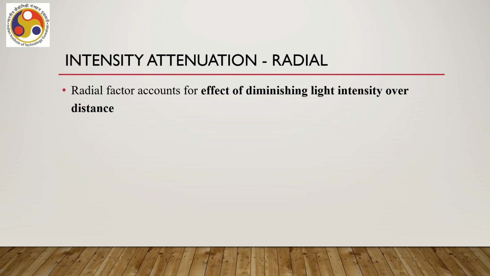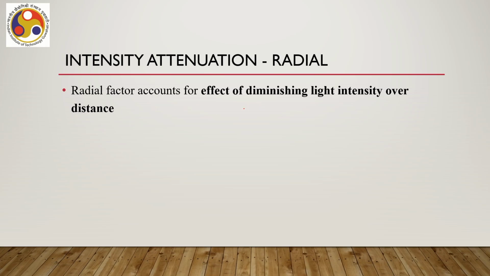Now, whatever we have discussed so far, assume that no matter where the light source is, if the intensity of the emitted light at the source is Is, then the same intensity will come to the surface point irrespective of the distance between the source and the surface point, but in practice that typically never happens.